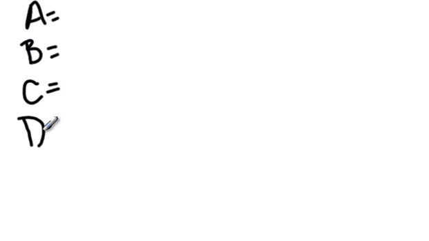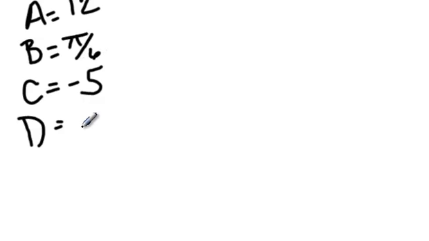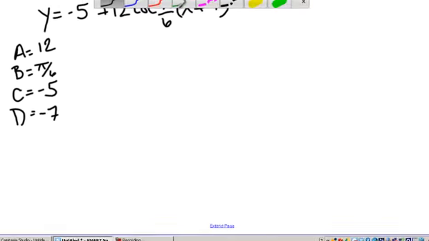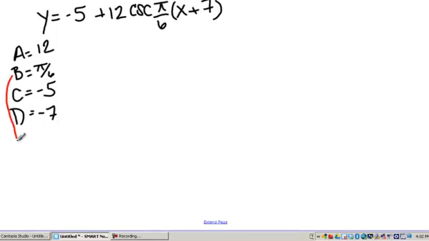Okay? Just because I want y'all to get in the habit of knowing what your A, your B, your C, and your D are, let's go ahead and lift them out. We know our C is -5, our A is 12, our B is pi over 6, and then our D is -7. While we're at it, let's go ahead and get our period taken care of.